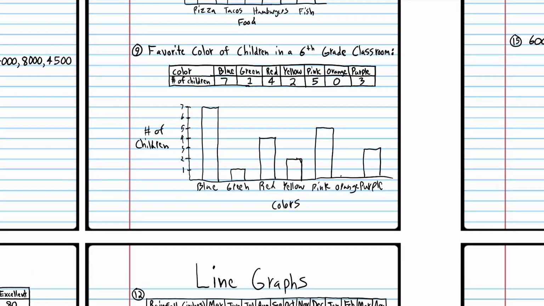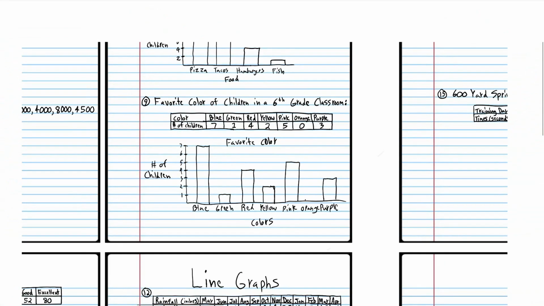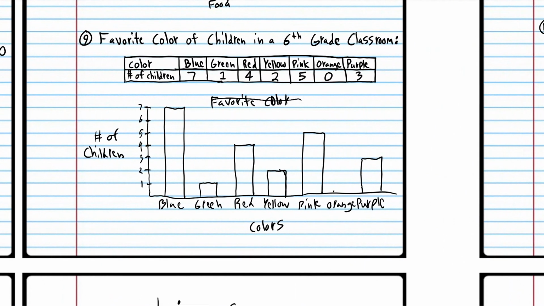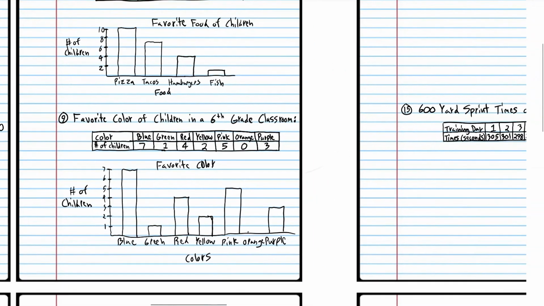And we have to title the graph, so favorite color, and I'm just going to give it a short title because we don't have time. All right, so if you got that graph and you got all your labels, again, you're going to get points taken off if you don't have a title for the overall graph and also titles for the axes. You must have those titles for full credit.